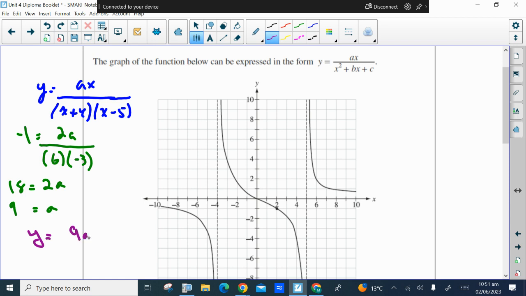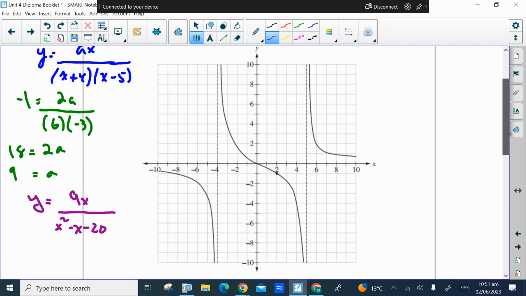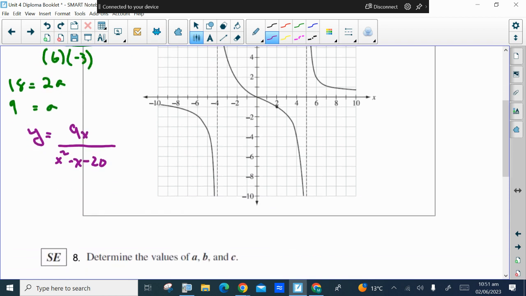We figured out that a is 9. And on the bottom, when I multiply out those binomials, I'll have x squared minus x minus 20. And so your values of a, b, and c, a equals 9, b equals negative 1, and c equals negative 20.